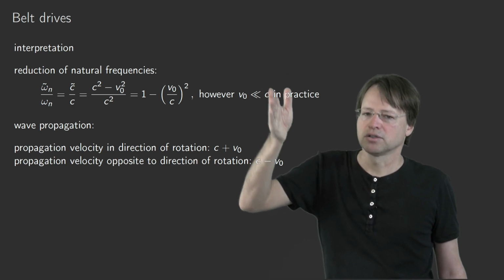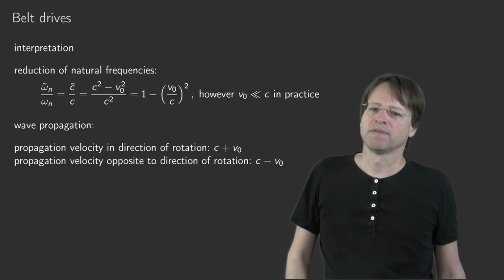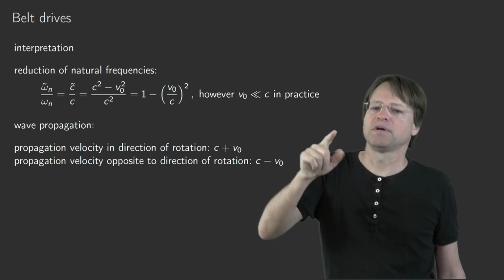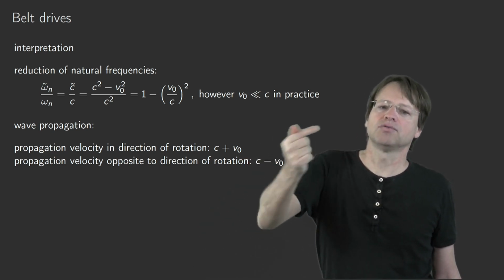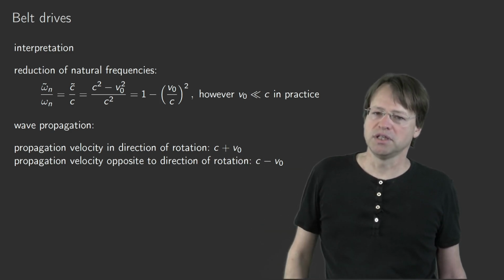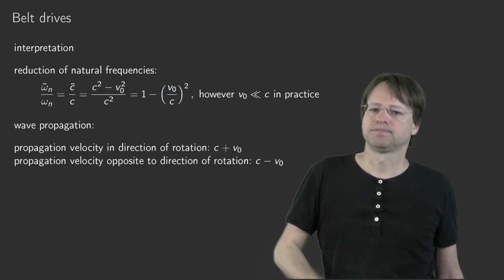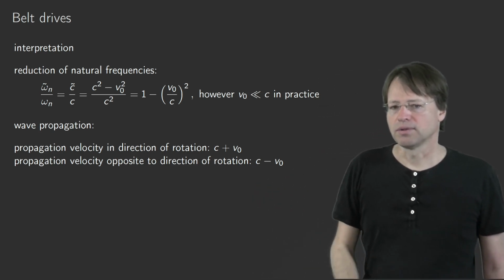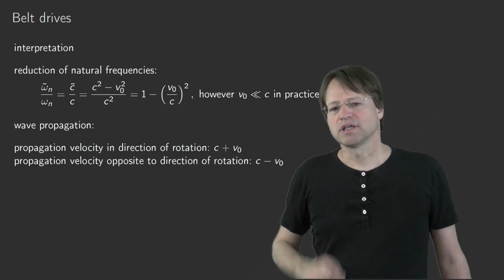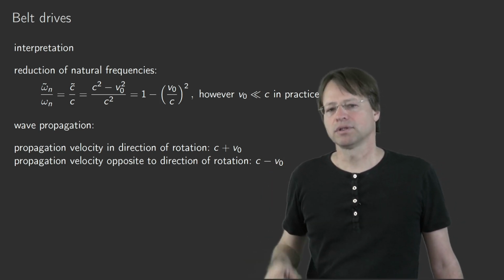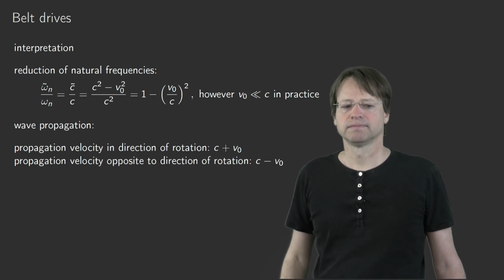Well, if you look at a certain particle at a certain place, then in direction of rotation you have the propagation velocity of c plus v naught, from the velocity of the belt. In the opposite direction, you have c minus v naught.